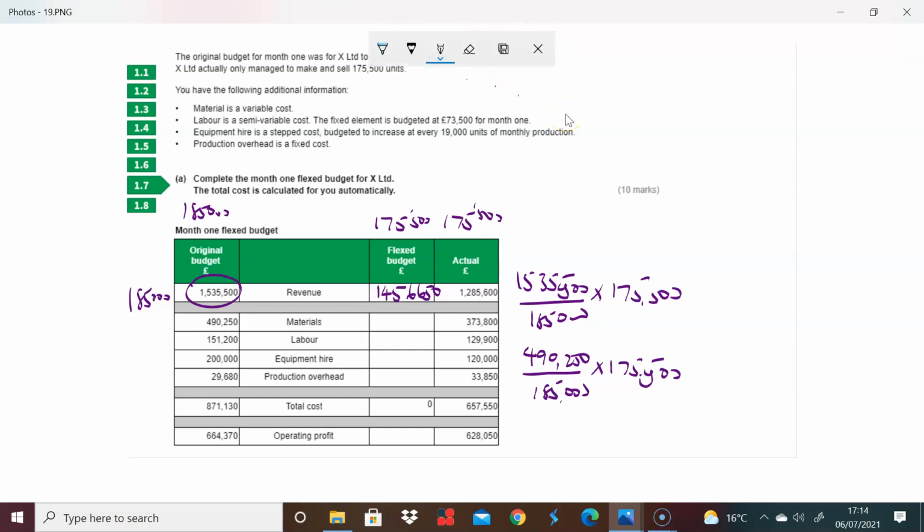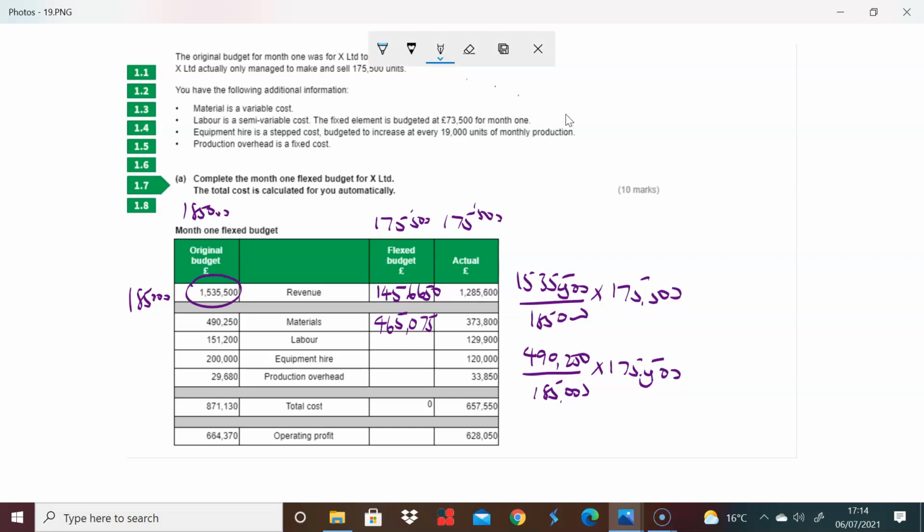Multiply that by 175,500, and you have 465,675. Right, brilliant. Not a bad question here.